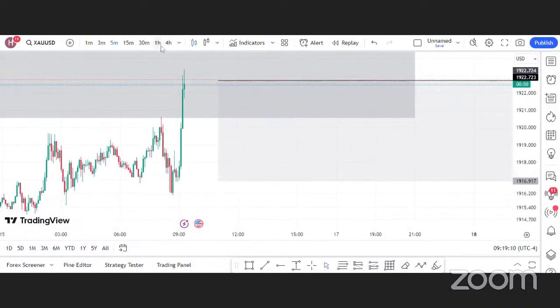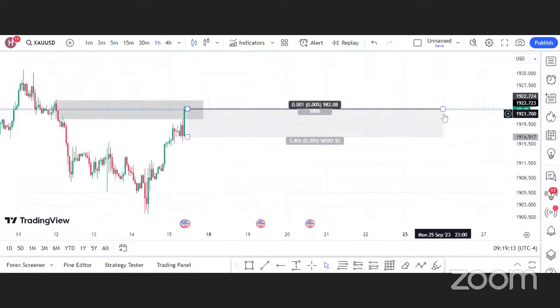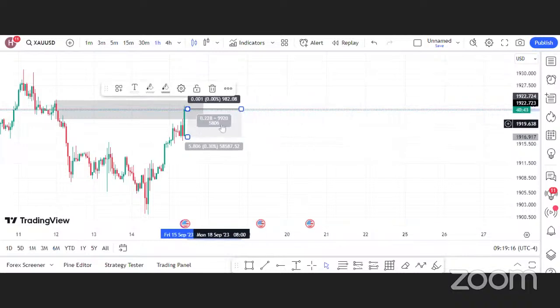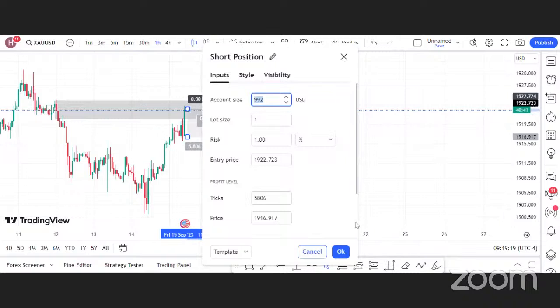Guys, if you are taking this trade with me, make sure you are using a small lot size.